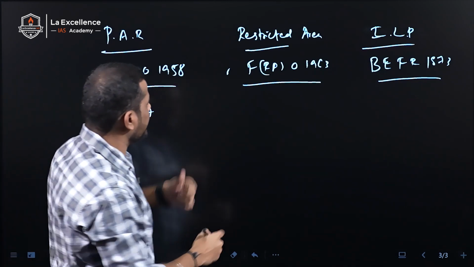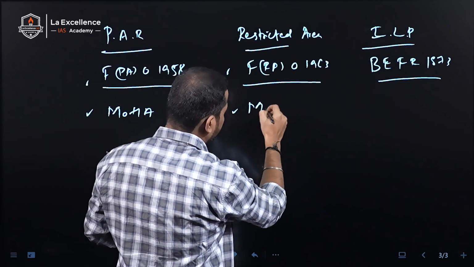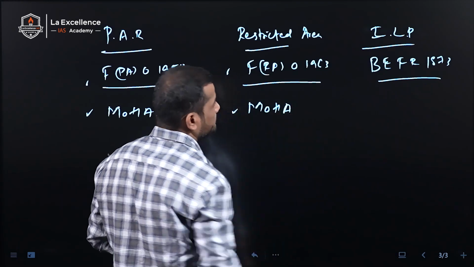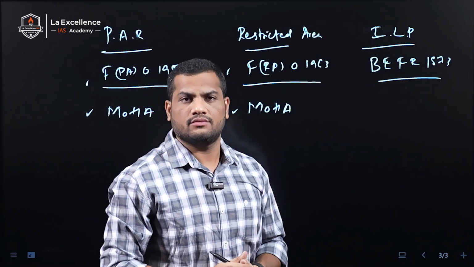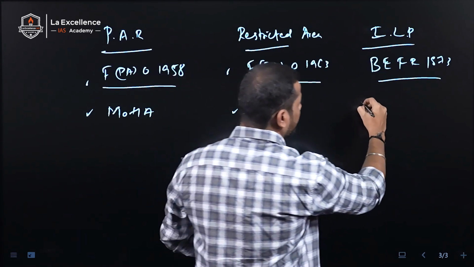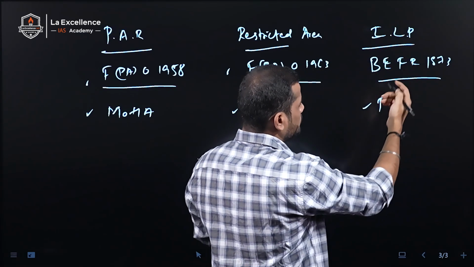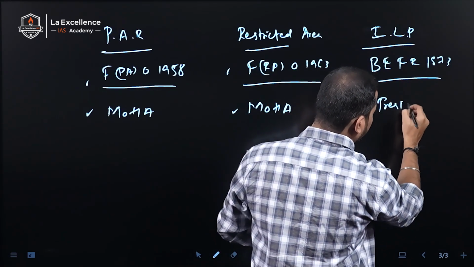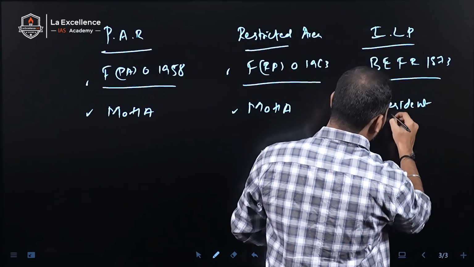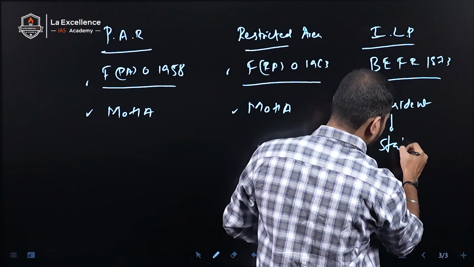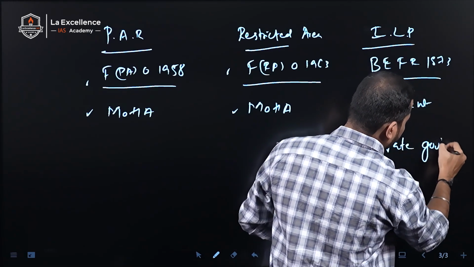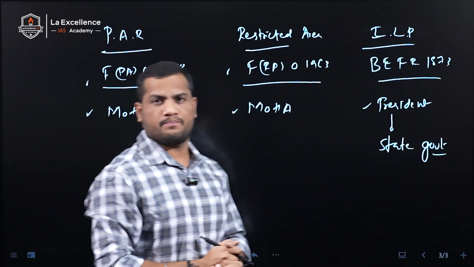The restricted area is also regulated by the Ministry of Home Affairs of the central government. But inner line permit areas were designated by the President of India and regulated by state governments.